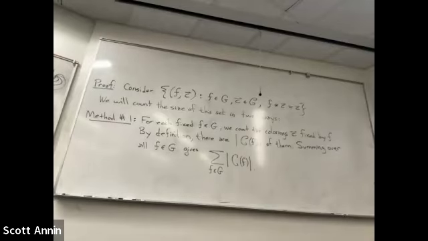Okay, sweet. So that's method number one. And notice that what we got for an answer is certainly relevant to our Burnside theorem. We see it in the Burnside theorem.